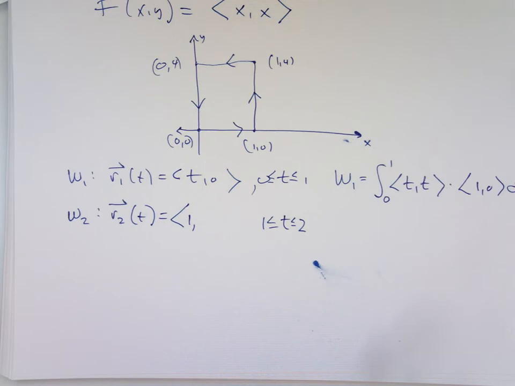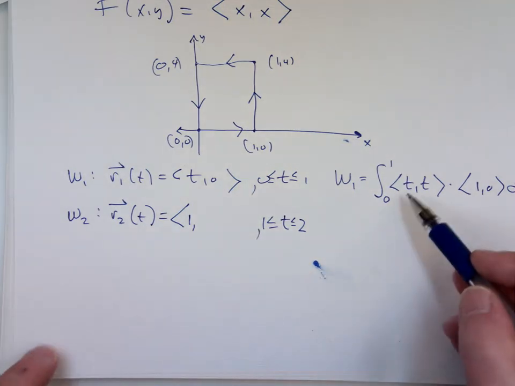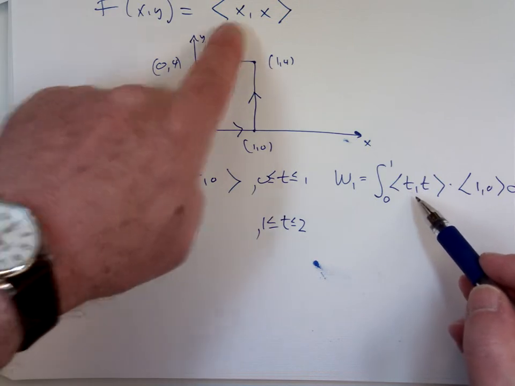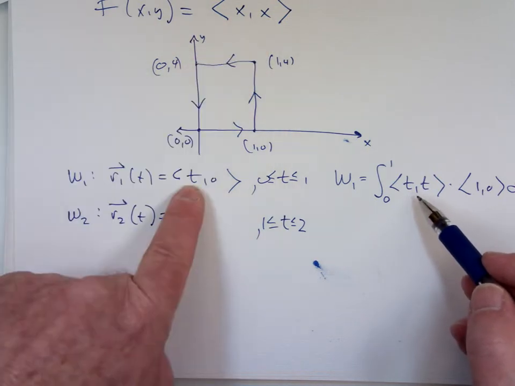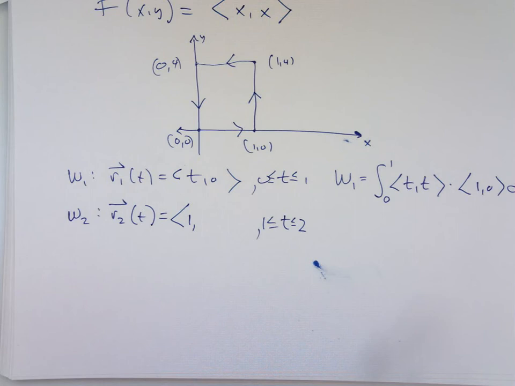So actually, it's up to you to set up a parameterization any way you want it. But I'm going to set it up from 1 to 2. Where did the t come from? This came from my field being x, but x is equal to t. I want t going from 1 to 2.